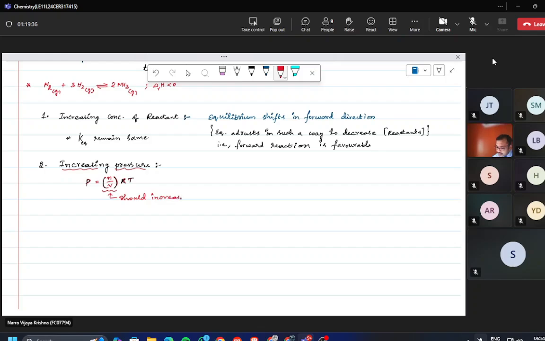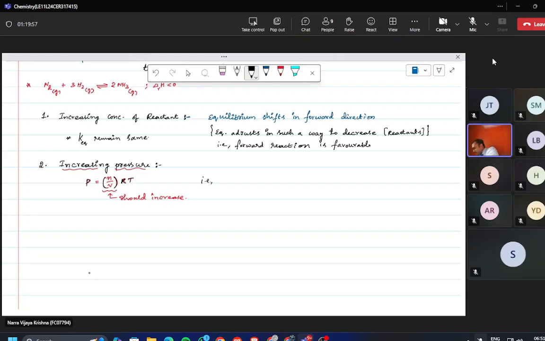Correct? Means I am increasing n by V, so what should equilibrium do?